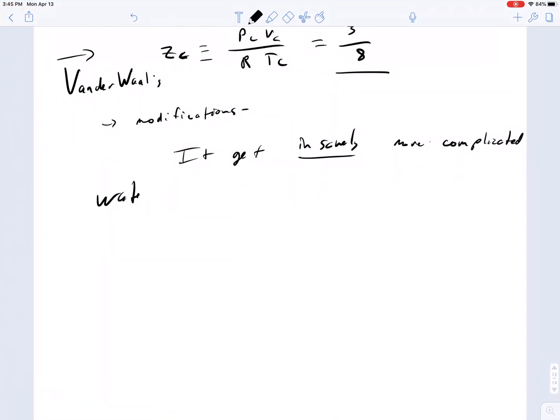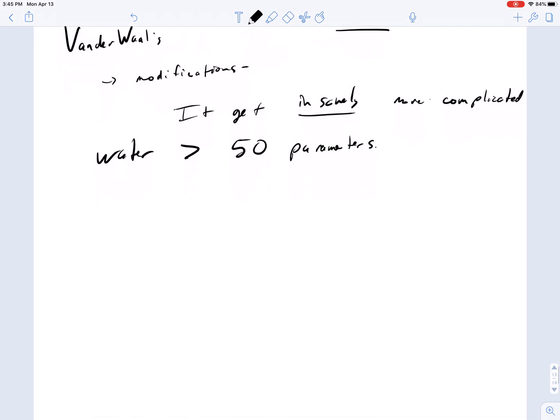Water needs greater than 50 parameters to even be reasonable, and it's not even great at approximating the behavior of water. One of the common things that was found that's useful is to account for differences in materials.